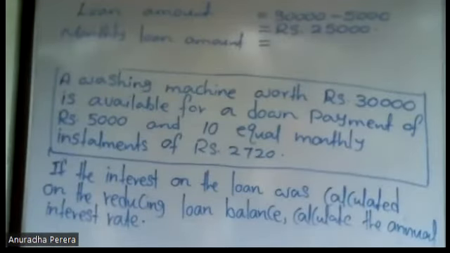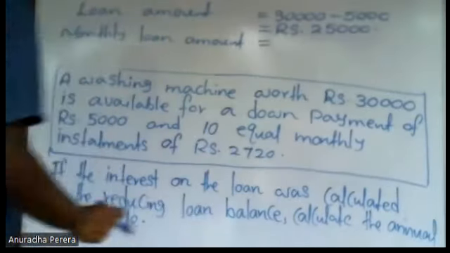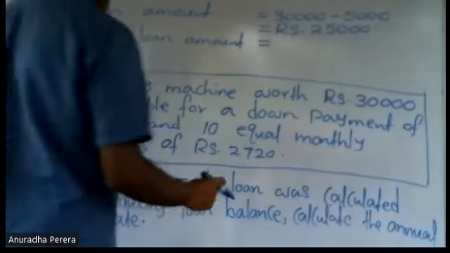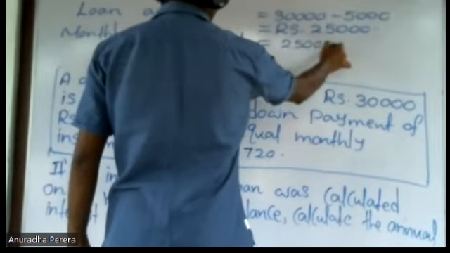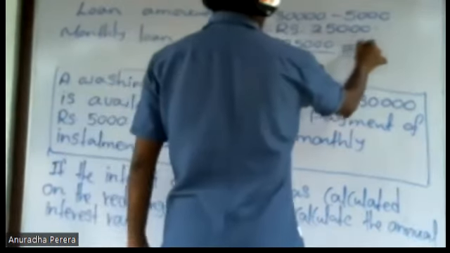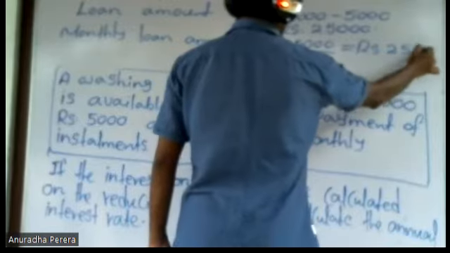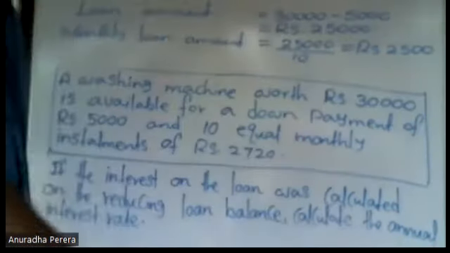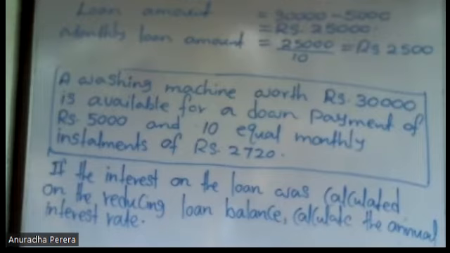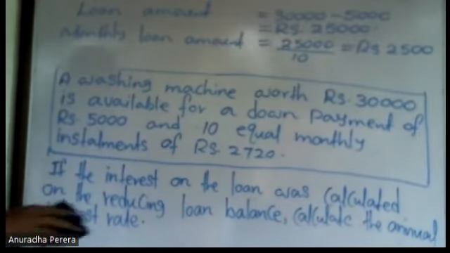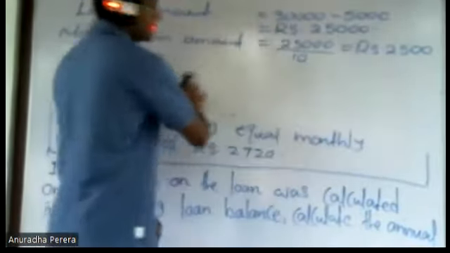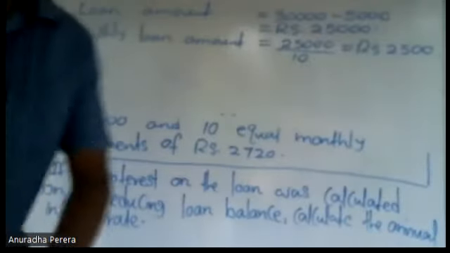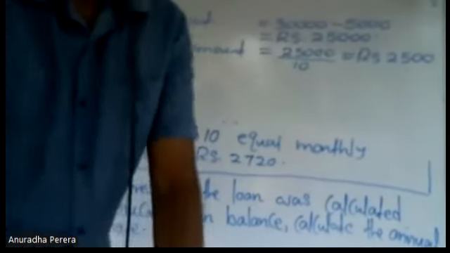Monthly loan amount: divide 25,000 by 10, 2,500. Yes, 2,500 is the monthly loan amount. Then you can determine the total amount paid in installments.